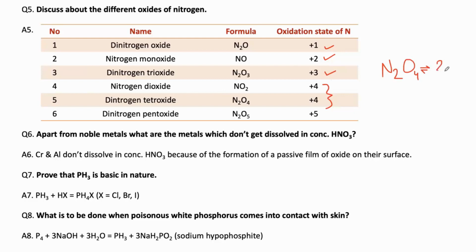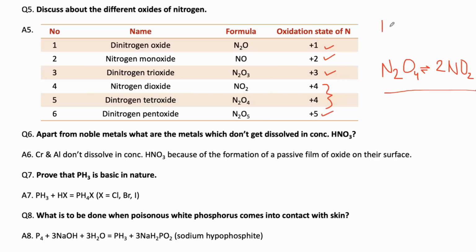If we draw this equation, 2 molecules of NO2 dimerize and form dinitrogen tetroxide, N2O4. And the last one is dinitrogen pentoxide, N2O5, where the oxidation state is +5. So from +1 to +5, we have these several kinds of oxidation states.